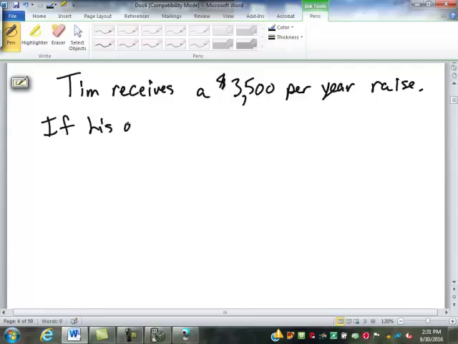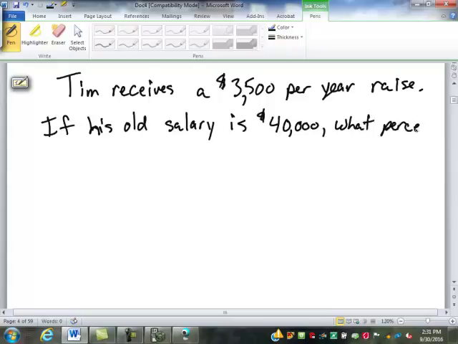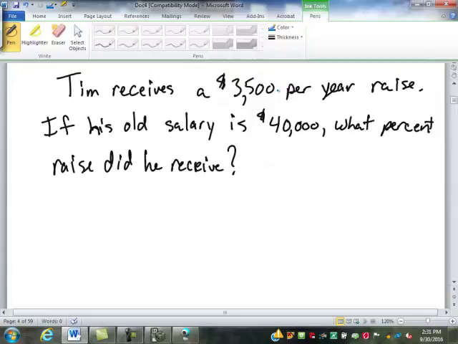If his old salary is $40,000, what percent raise did he receive? So now in this one, we don't have the percent. So we're going to set it up as blank out of 100.